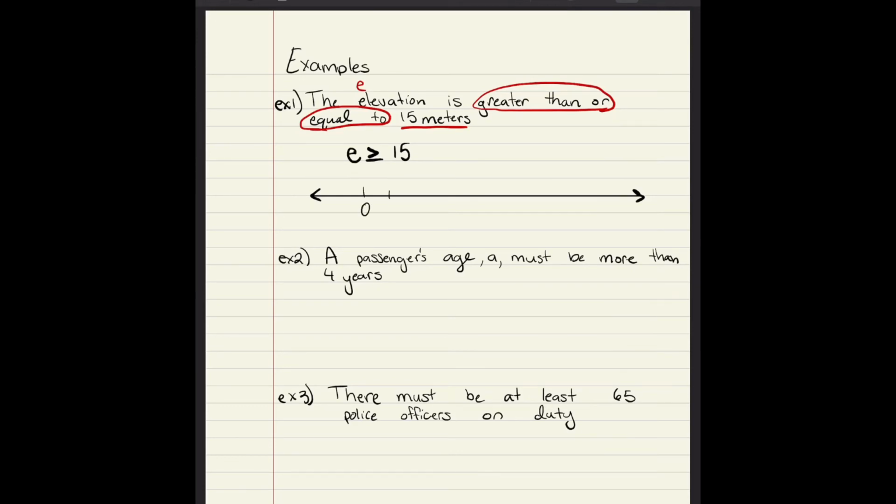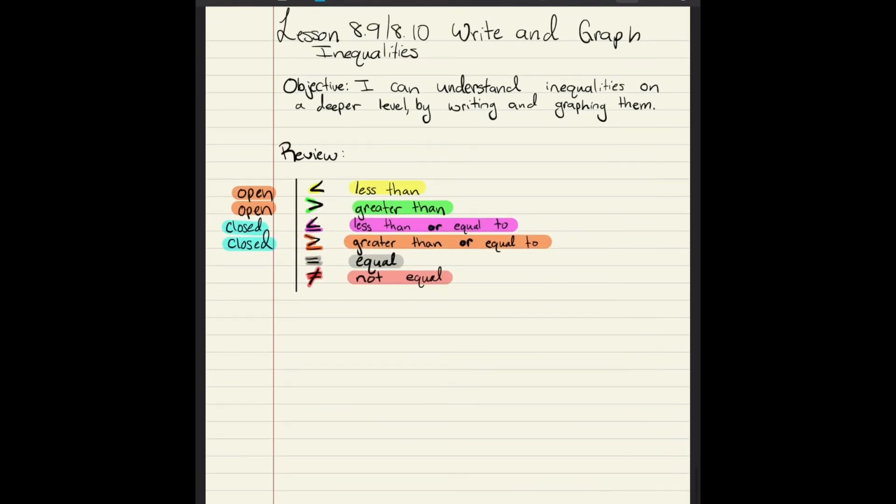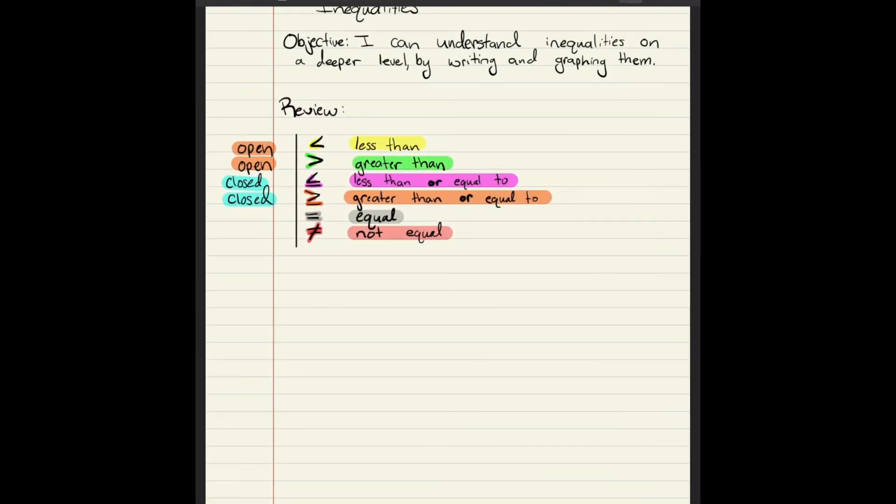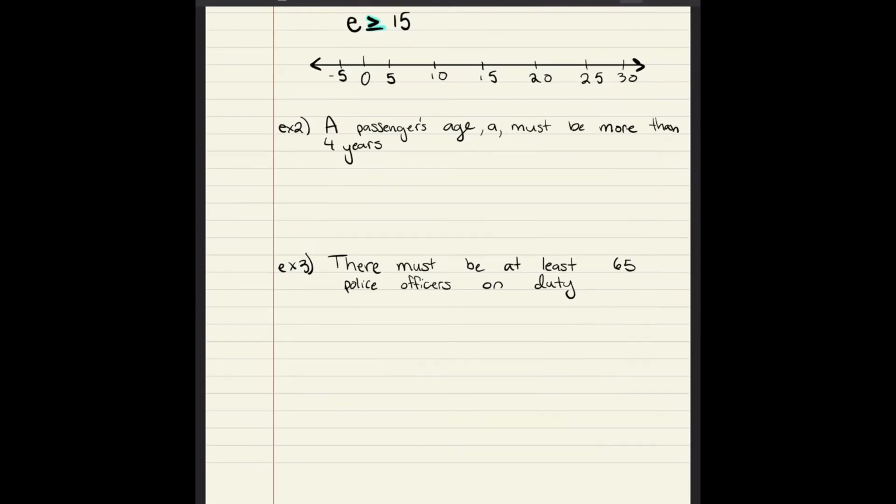Come to 0 here. I'm going to go by 5. So I'm going to go 5, 10, 15, 20, 25, 30. And this is greater than or equal to, which, if we scroll back up to the top, when we have an equal to section, it's a closed circle in our graph.